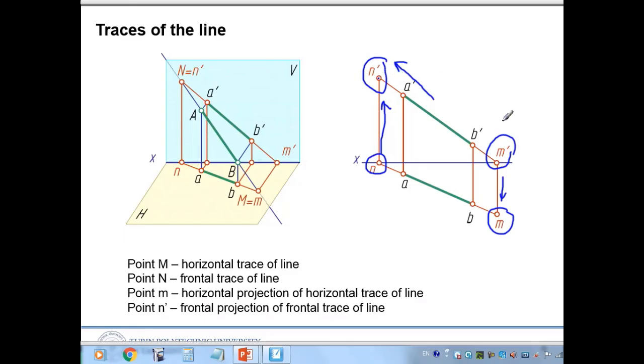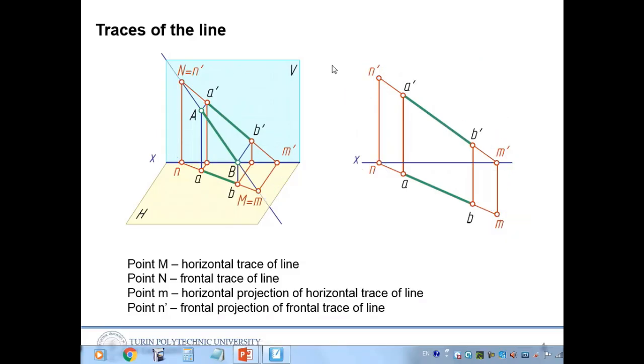So N dash and M are the projections of the traces. You can find the distance, this one and that one. So we can find the positions of this M point and N point in this 3D space by using only two-dimensional space.